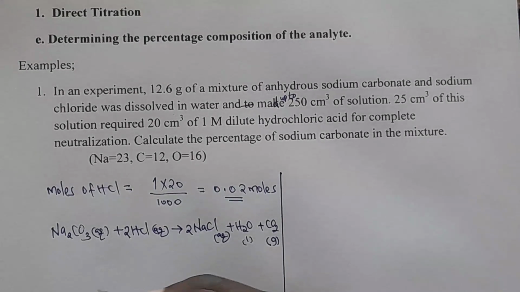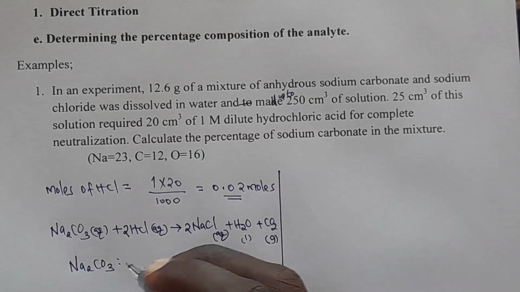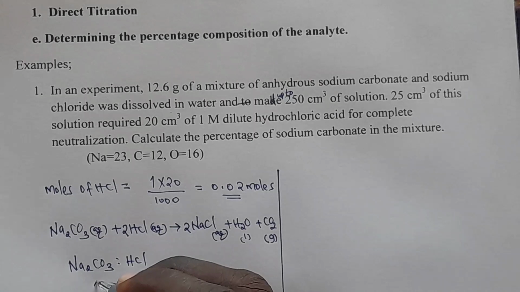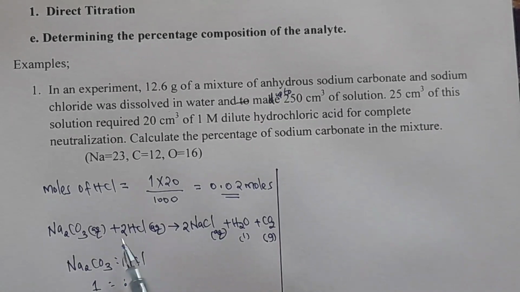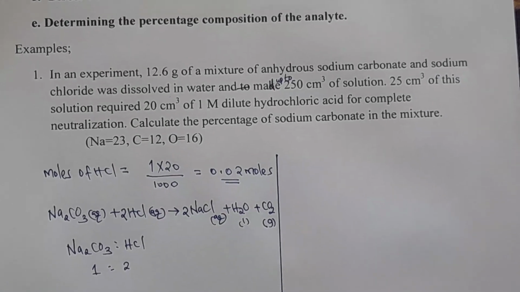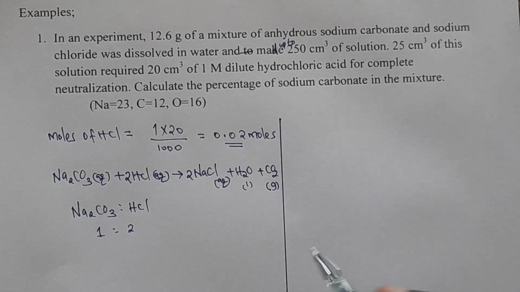Next, let us see the mole ratio between sodium carbonate and hydrochloric acid. It is 1:2. There's 1 sodium carbonate and we have 2 hydrochloric acid. We know the number of moles of hydrochloric acid, we have gotten 0.02.